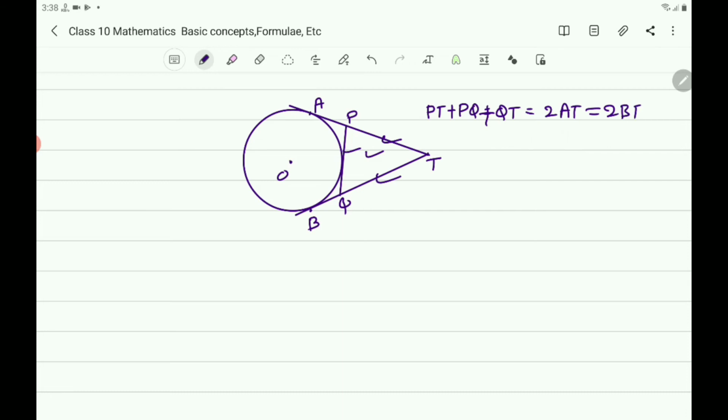Keep that in your mind. Multiple choice questions will be there. They will give the perimeter of the triangle and ask the length of AT or BT. In that case, AT equals half of the perimeter of triangle PTQ.